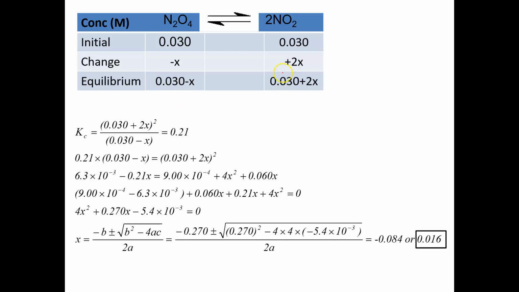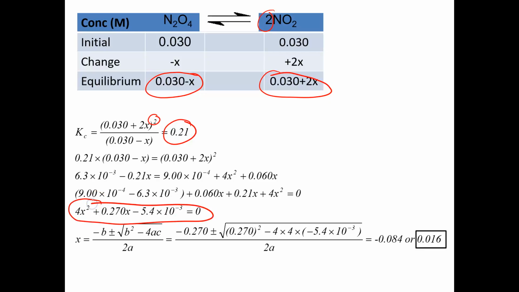Kc is equal to the concentration of NO2 squared divided by the concentration of N2O4, which is equal to 0.21. So we're going to bring everything to one side, distribute everything, collect like terms, and ultimately we end up with a quadratic equation.